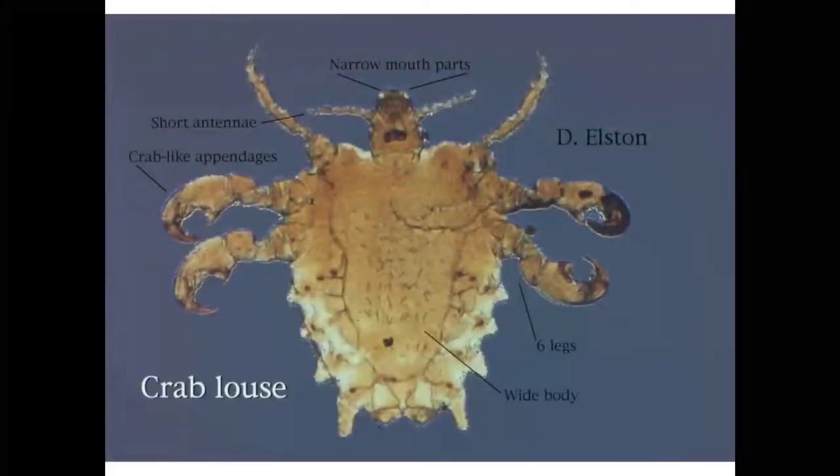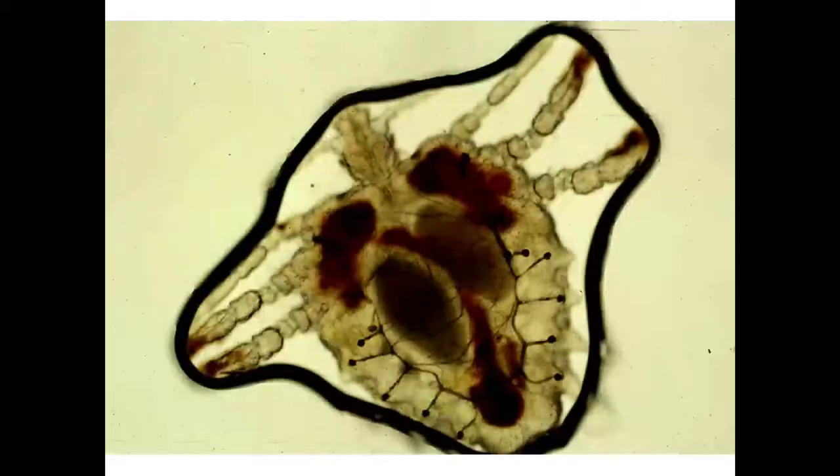Okay, and that's the crab louse, so you recognize it. Very resistant to treatment because it has a very impermeable carapace. The mode of entry for most of our topicals are these respiratory spiracles, but it closes them off when it gets wet.